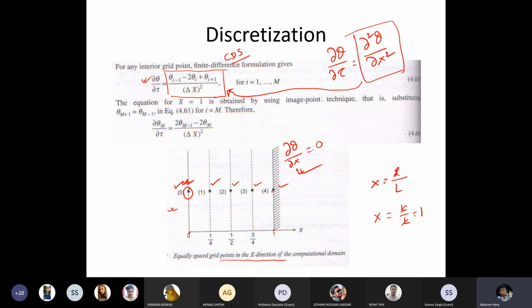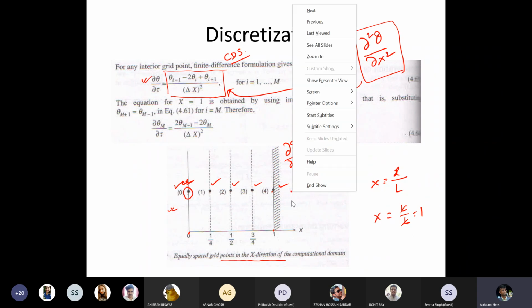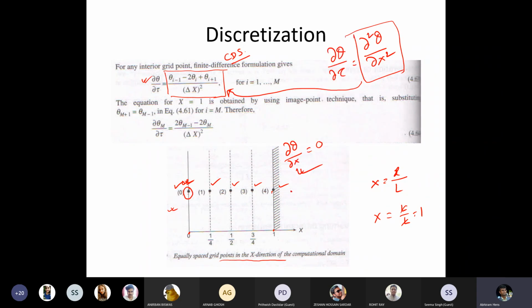So this is only the Neumann type of boundary condition. The precise value is not given. If you would like to determine this gradient, you should have a value immediately after this point, because only then can the gradient at this point be obtained, but that is not available to us.